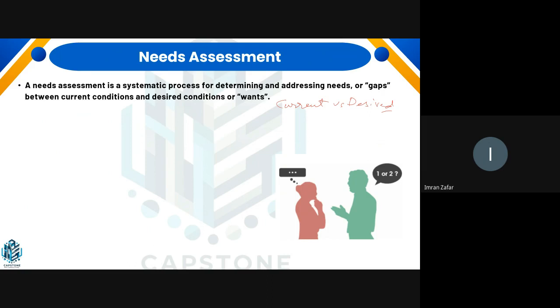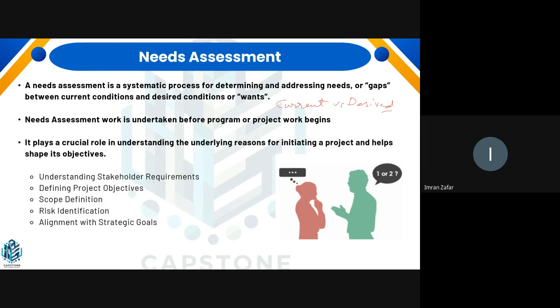And to move to that desired state, we carry out some feasibility studies, or a need assessment, to see what you need to do to reach the level that you are aspiring to as an organization.